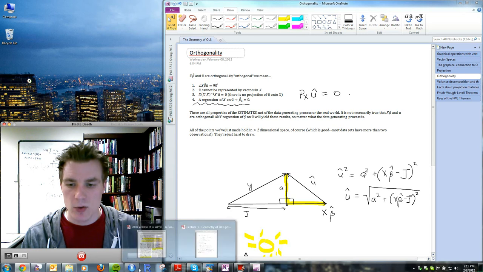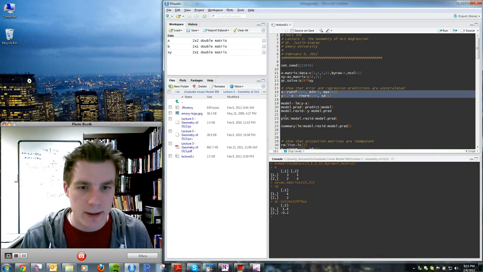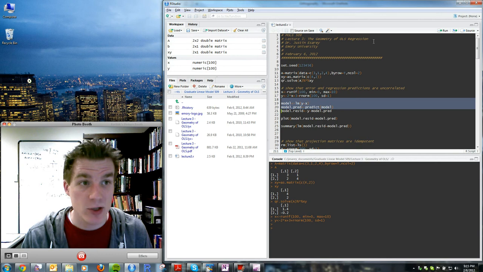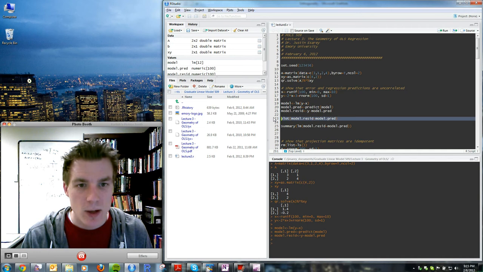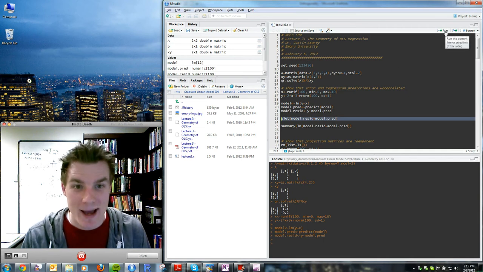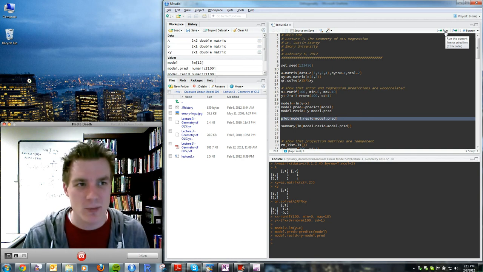So if I go over into RStudio here, and I just pick an x and a y, and I run those, and then I run a linear model of y on x, generate predictions y hat, I'm going to call that model.pred, and then get residuals from that model, which is just going to be y minus y hat, or model.pred, so there we go. And then I try to predict the residuals with the fitted y hat, so I'm going to basically run a scatterplot version of a regression of residuals on the predictions.